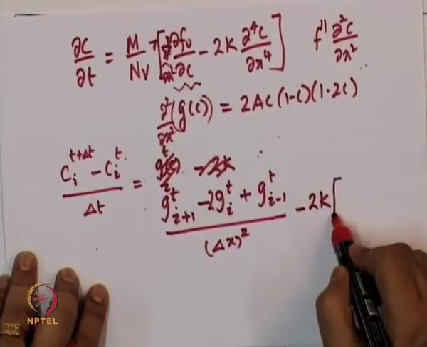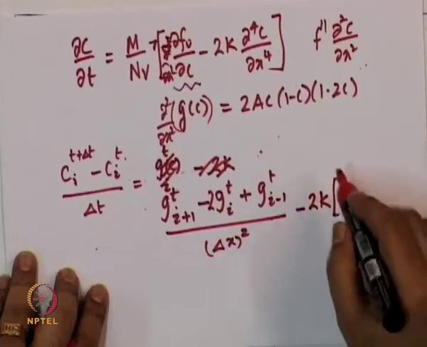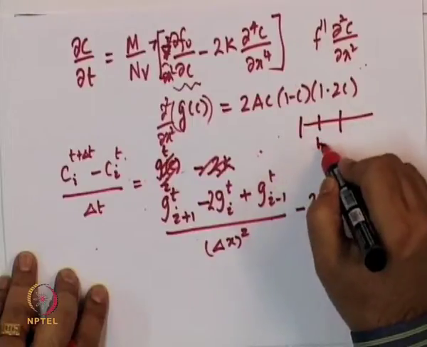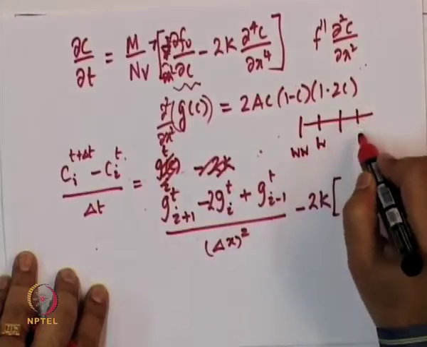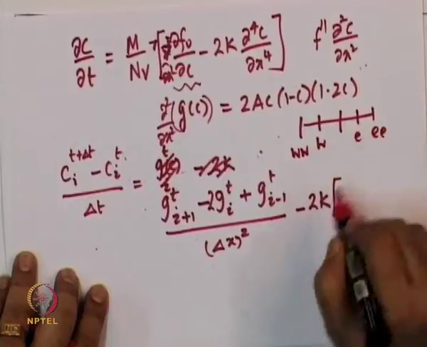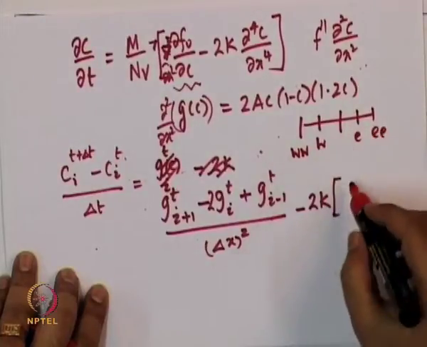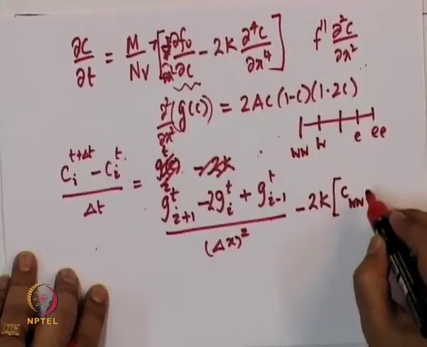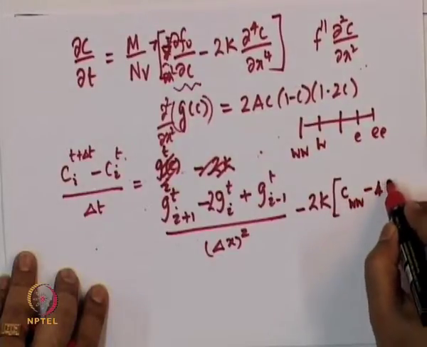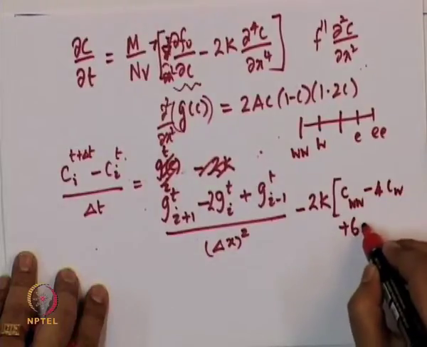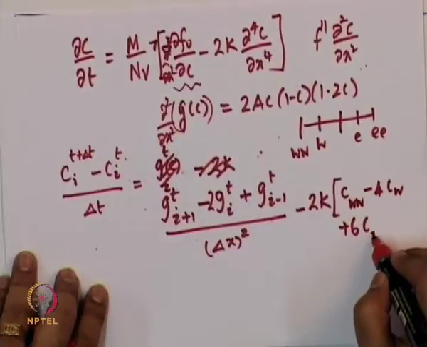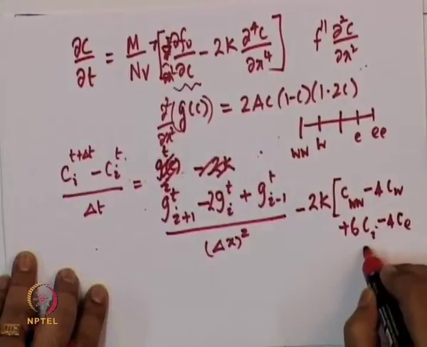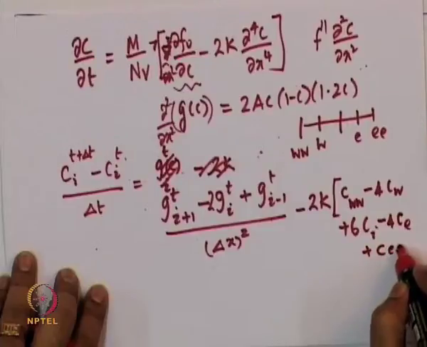So, for the fourth derivative term, we have to go as follows. If you have a point and you have west point and west of west point, and you have an east point and east of east point, then in this case it is written as C west west minus 4 C west plus 6 C at the ith position minus 4 C east plus C east east.